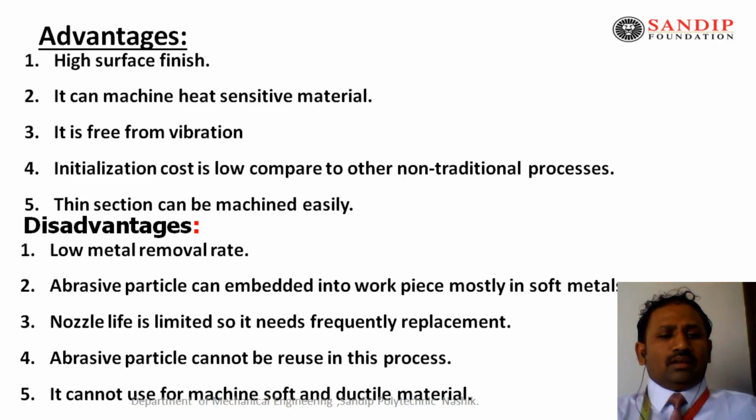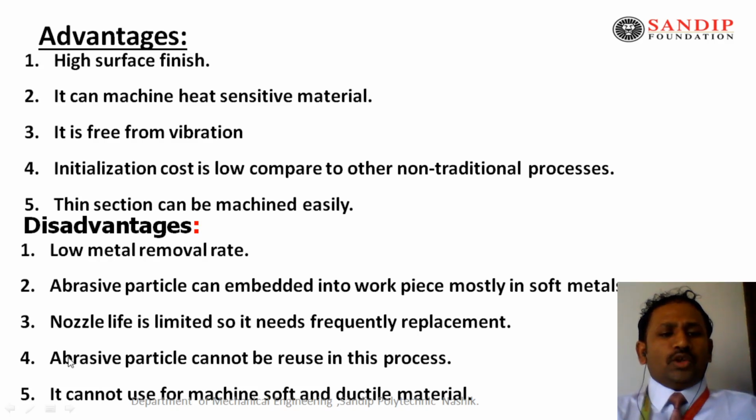So that's why workpiece mostly in soft metal is difficult. So nozzle life is limited, so it needs frequent replacement, because abrasive materials are continuously passing through the nozzle. So that's why we have already said that the nozzle material should be like tungsten or sapphire nozzle.